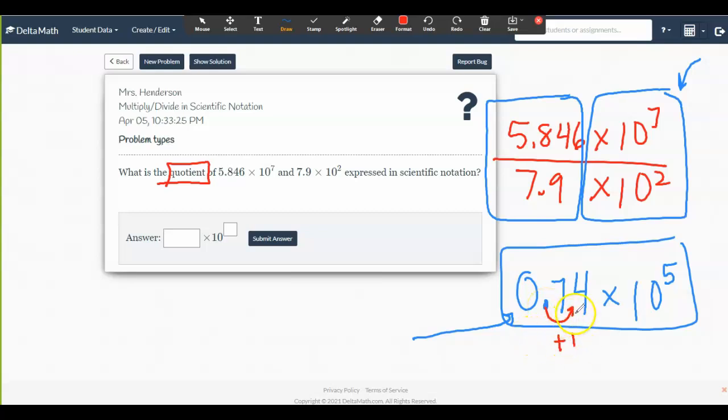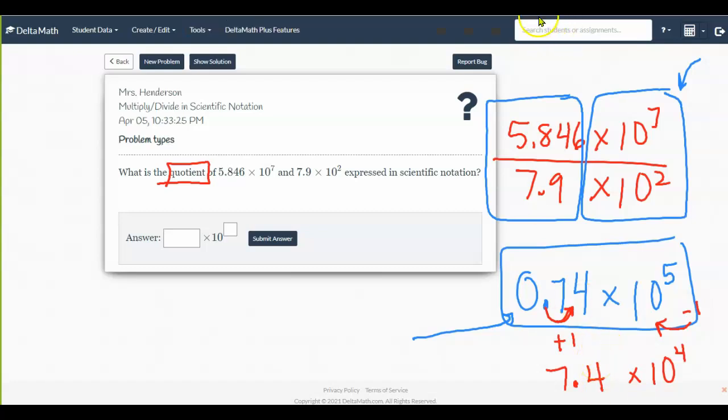And if this side of the sentence is going to get one place value bigger, this side of the sentence has to get one place value smaller. So my power of 10 is now going to be 4, and my coefficient is now going to be 7.4 instead of 74. 7.4, and my power is 4.